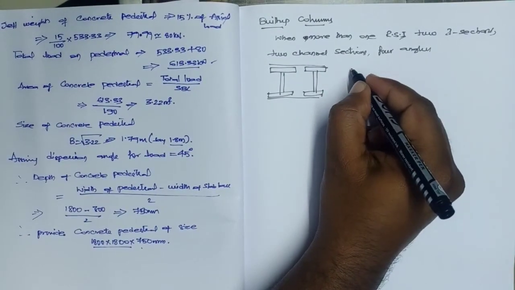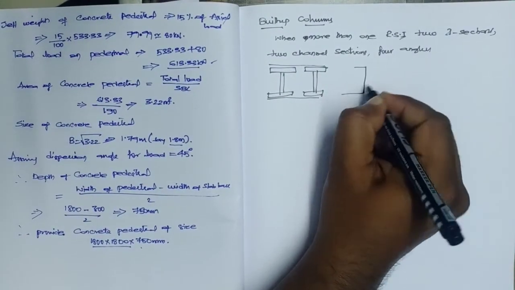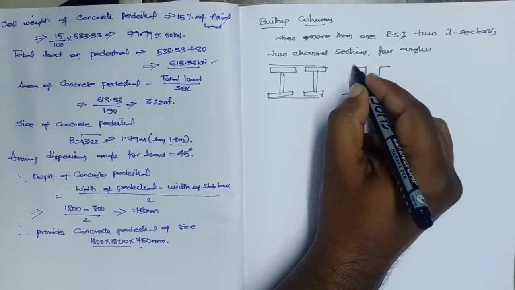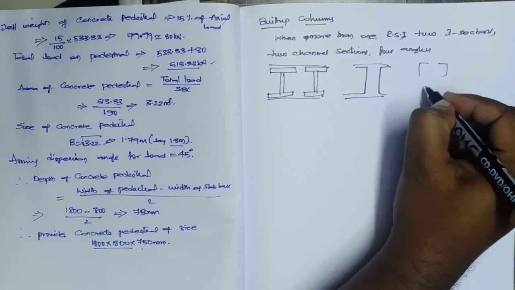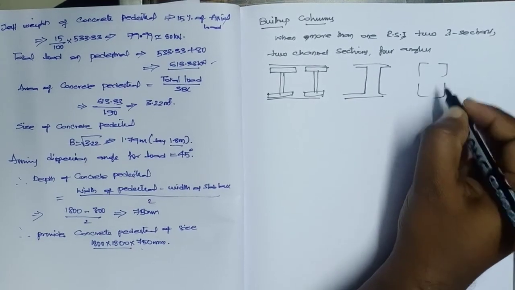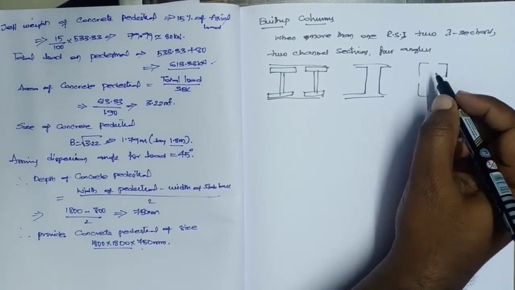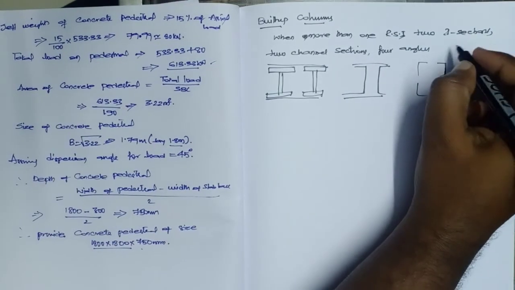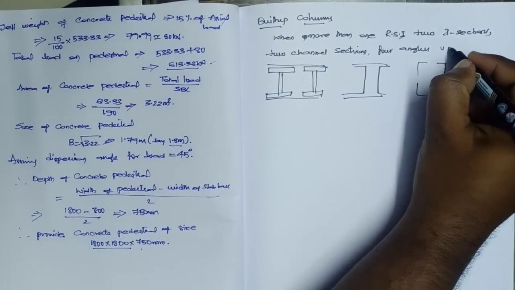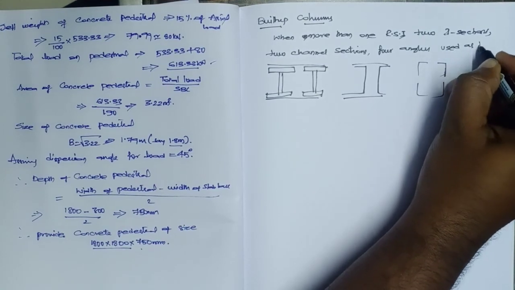Next one channel section, what we did just now in the problem. Okay, next angle sections. All these are used as built up columns.